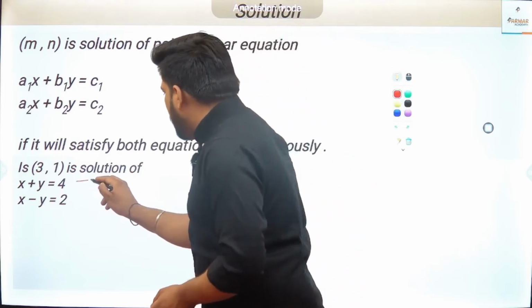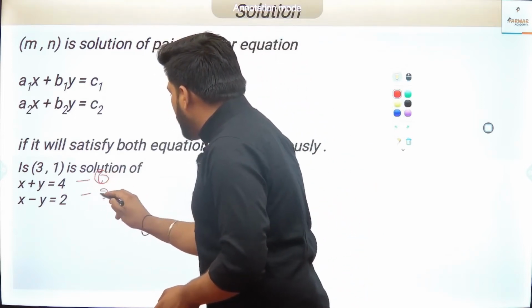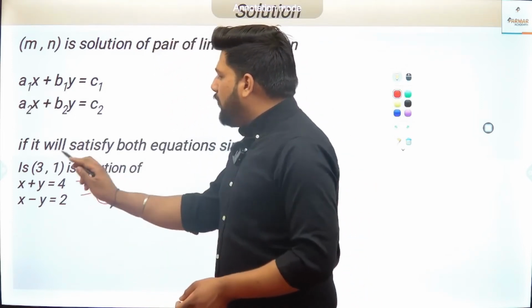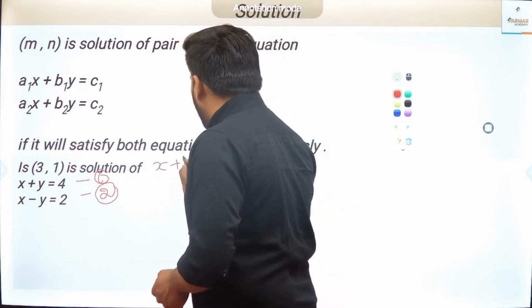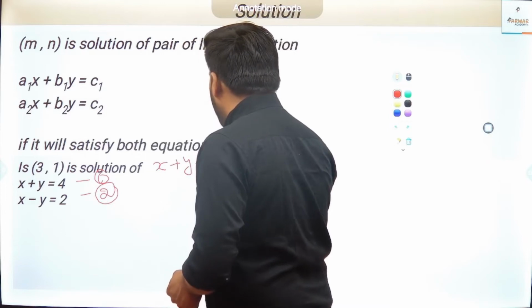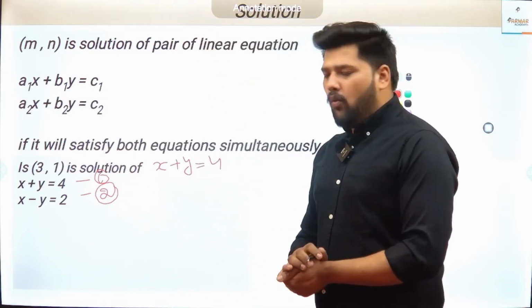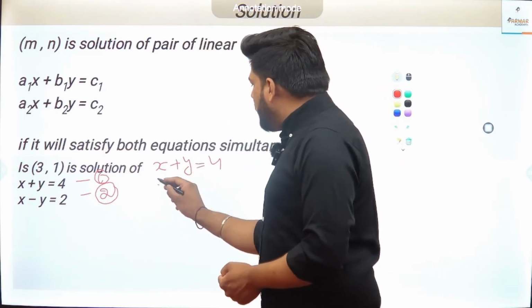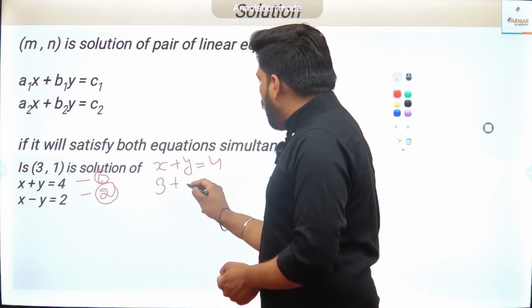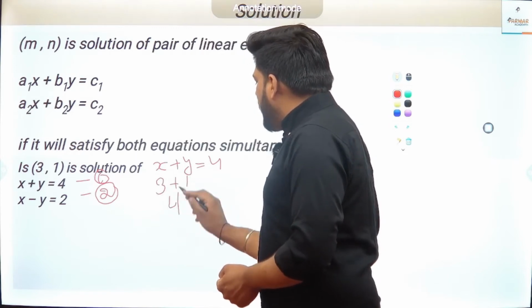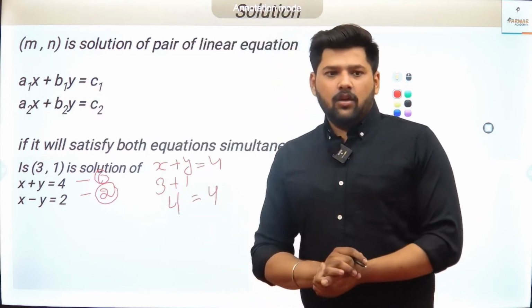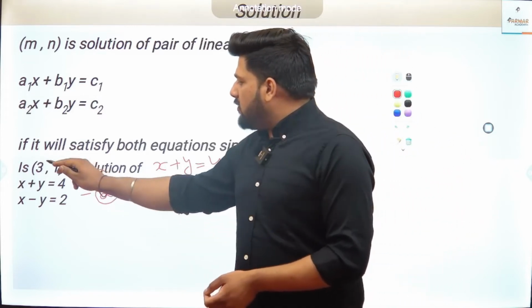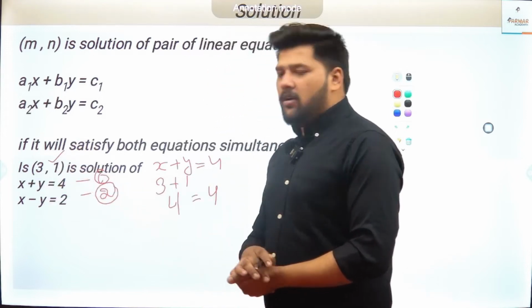This is equation number 1 and this is equation number 2. First of all, we will try for the equation number 1. Equation number 1 is x plus y is equal to 4. Now point is (3, 1). So replace x by 3 and y by 1. Left hand side we will get 4 and that is equal to right hand side. So yes, this point satisfy the equation number 1.